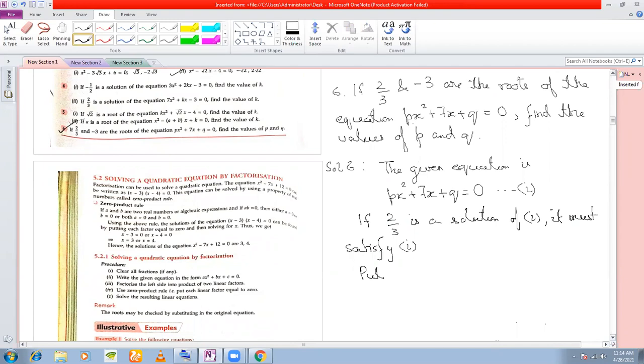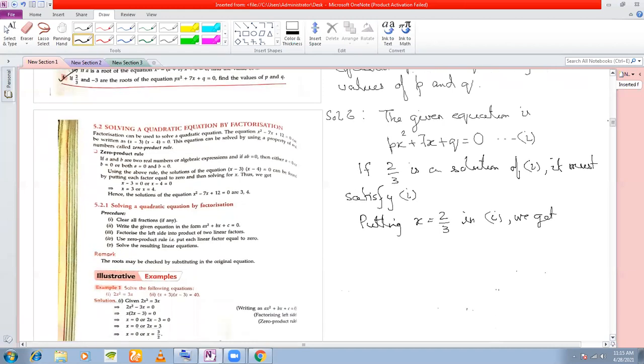So putting x is equal to 2 by 3 in 1, we get p into 2 by 3 square plus 7 into 2 by 3 plus q equal to 0.